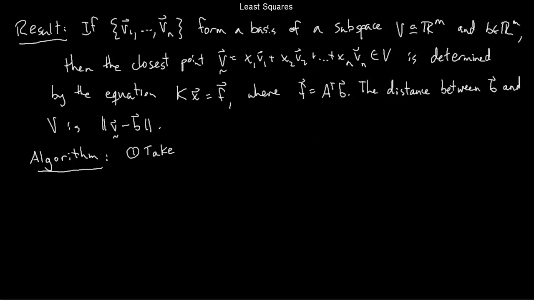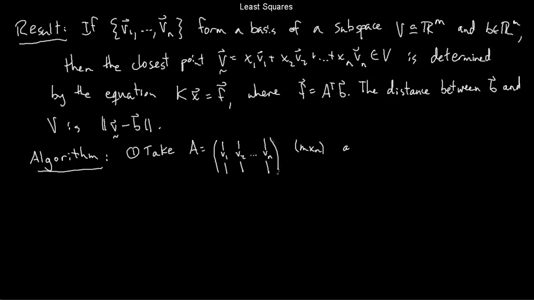Take A to be the matrix with v1 as the first column, v2 as the second column, and at the end vn as the nth column. These are m-vectors. That's the A that we're talking about.